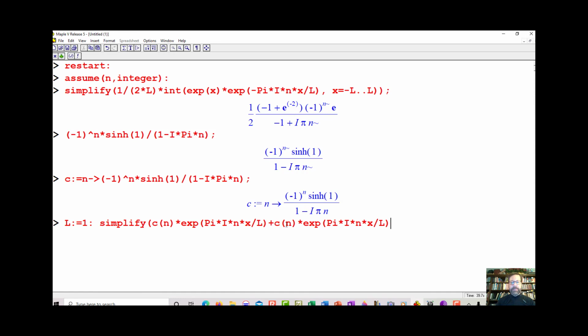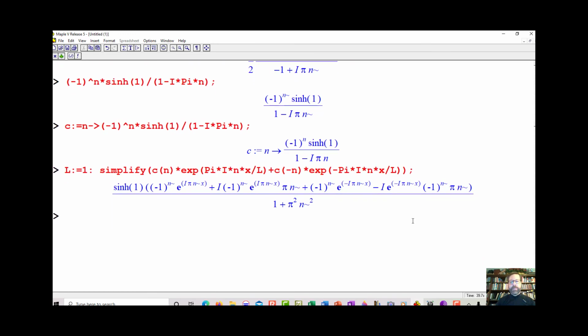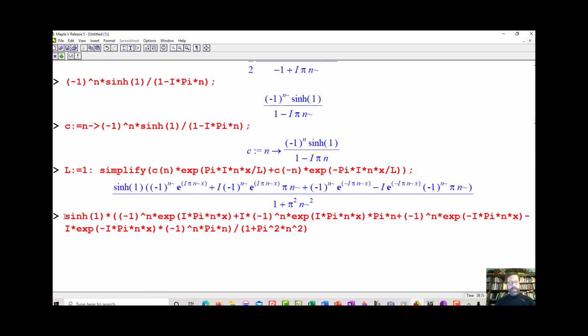There's a certain kind of symmetry that should allow for some simplification of these terms. And you can see that we do get a little bit of simplification here, but we can do better than what Maple just did. I'd like to put the real terms together, for instance. This term over to here.